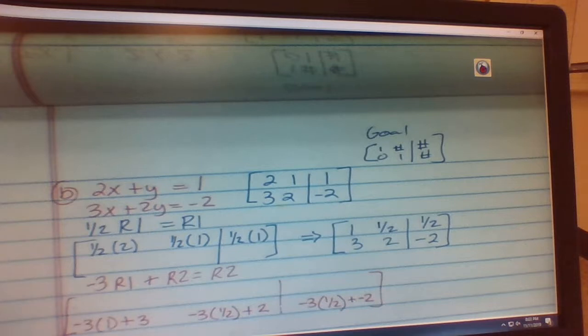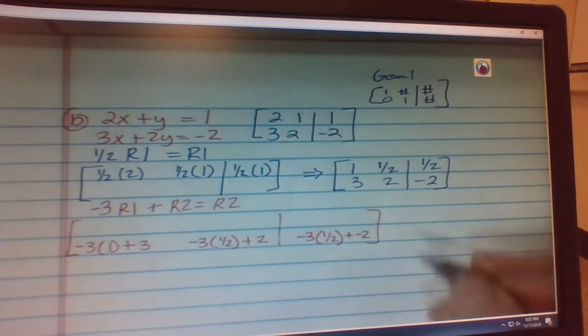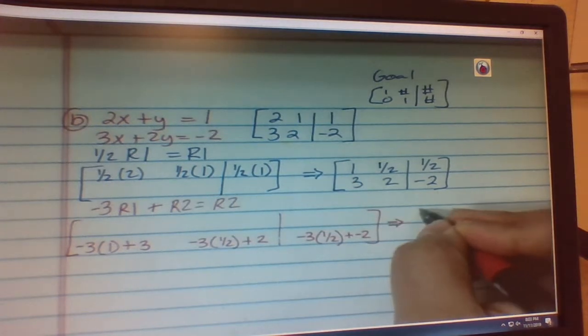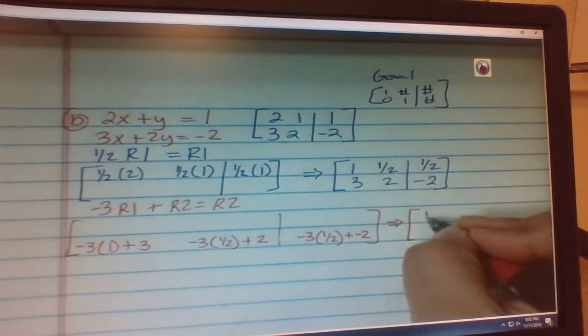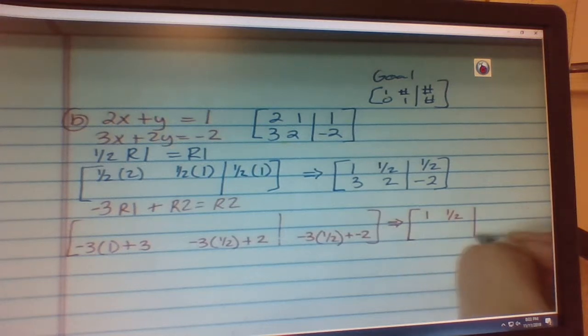Now, when you end up with fractions like this, it is recommended that you have your calculator. Use it to save you from the chaos of having to do that in your head. Now, once again, did I change my first row? No, so I'm going to copy that one down.